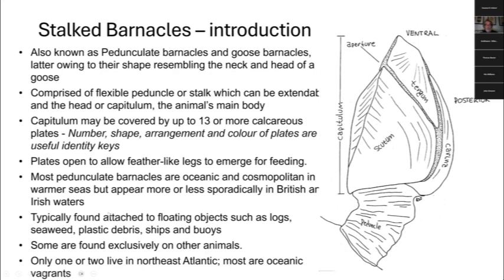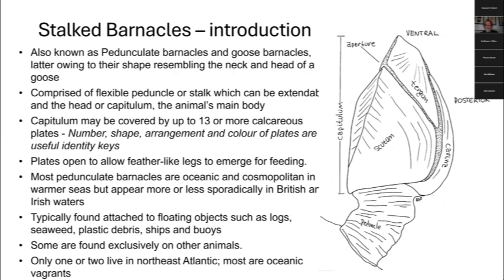Now, most pedunculate barnacles are oceanic, and they live in warmer seas, but they appear more or less sporadically from time to time in British and Irish waters because they attach themselves to floating objects such as logs, seaweed, buoys, plastic debris, and so on and so forth.